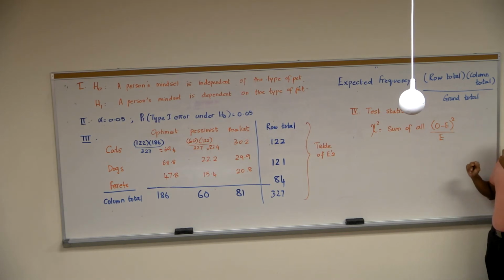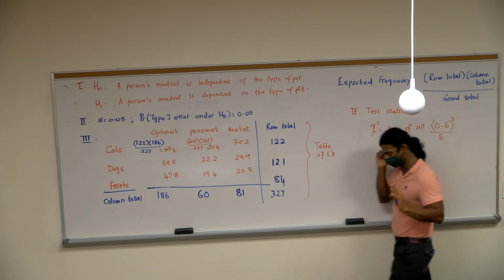Sum of all O minus E squared divided by E. It is the same thing like we did last time.